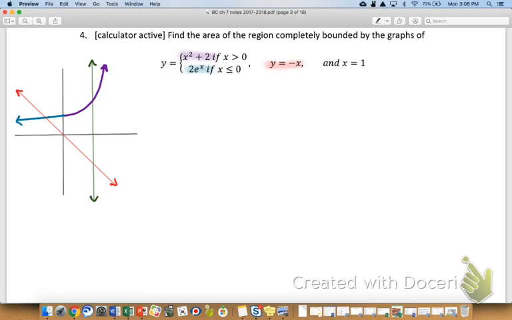But it doesn't create a smooth line coming off of 2e to the x.